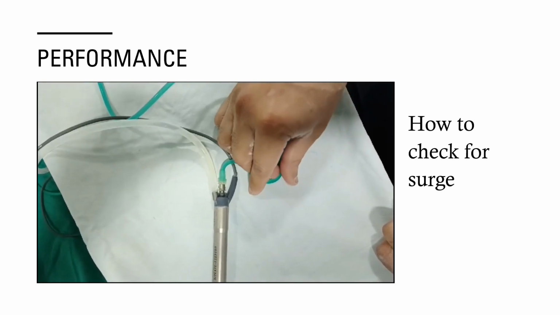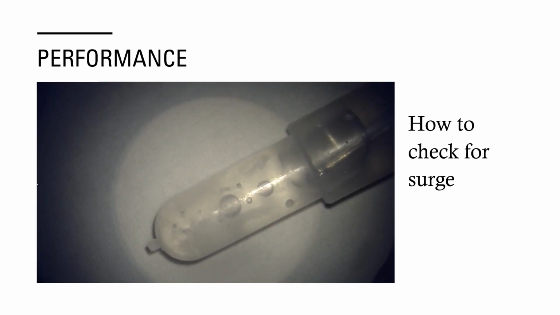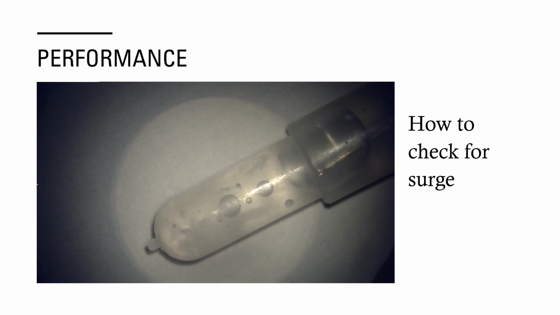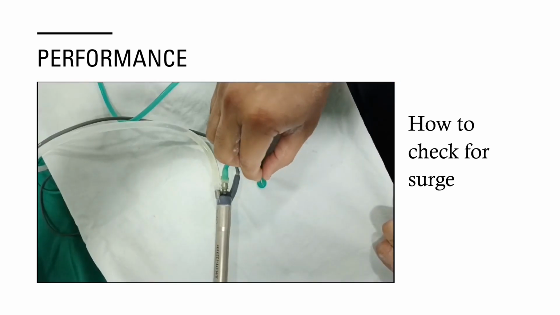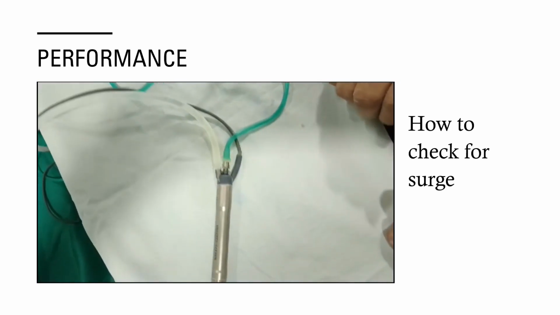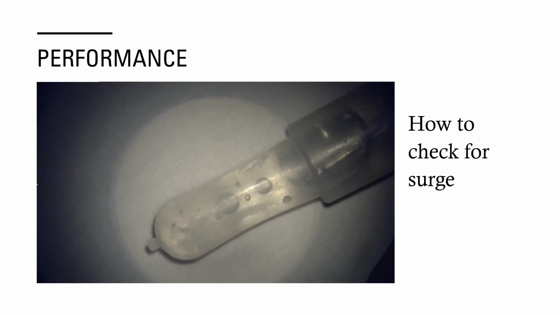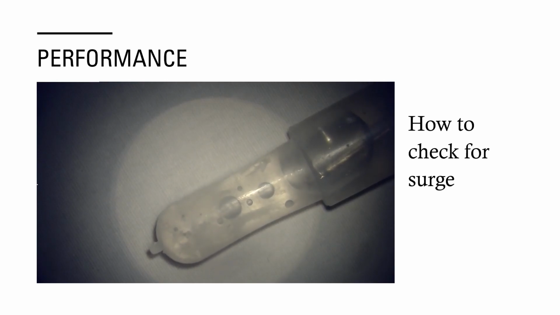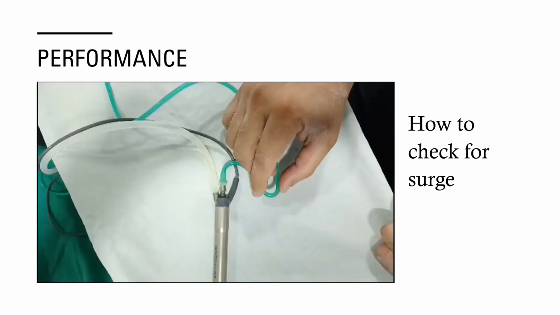When you squeeze it, you cause occlusion, and when you release it, the surge will precipitate if the irrigation and aspiration are not matching. This can be checked again and again, and you will know what vacuum is suitable for your machine. In that scenario, you need to reduce the amount of vacuum, and you should have absence of surge. This should be checked for any given machine.